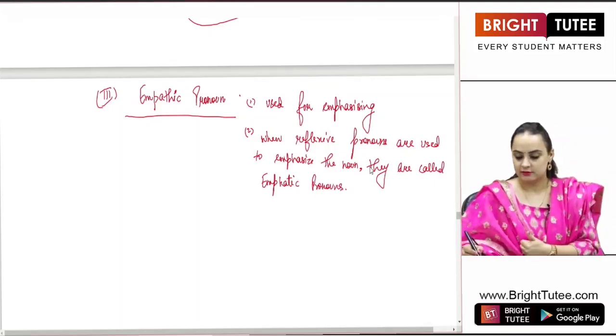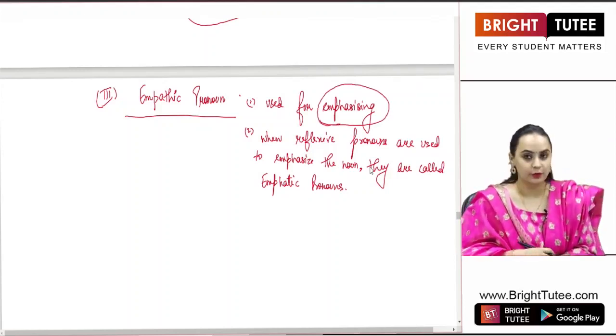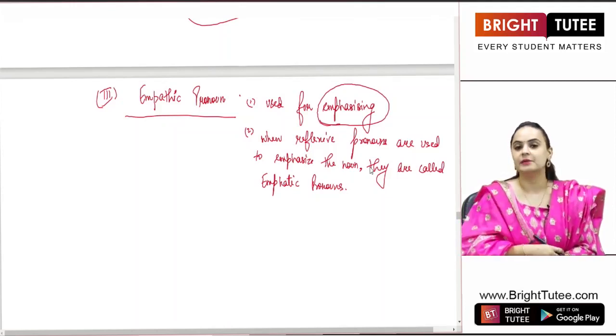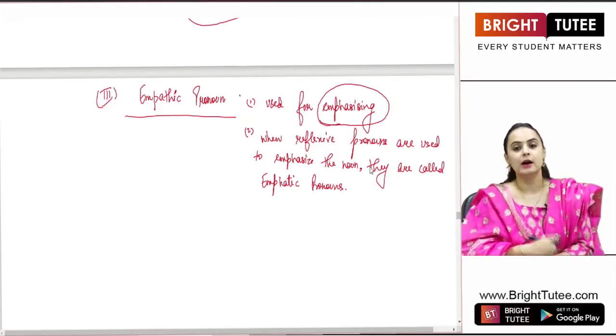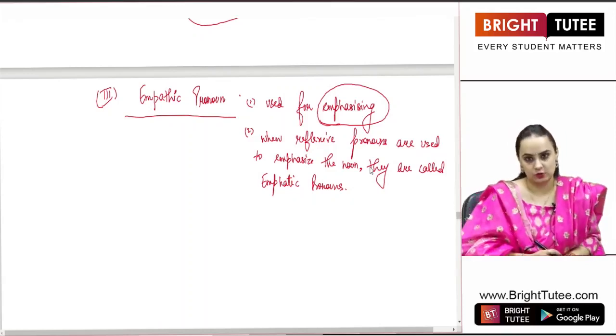So, as the name suggests, they are used to emphasize upon something, and B, emphatic pronouns are nothing but the reflexive pronouns which are used to emphasize on the noun.